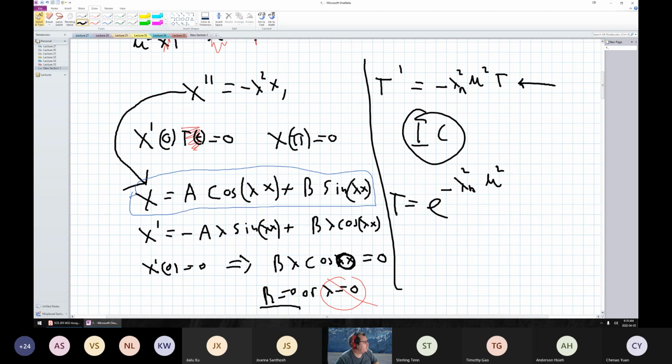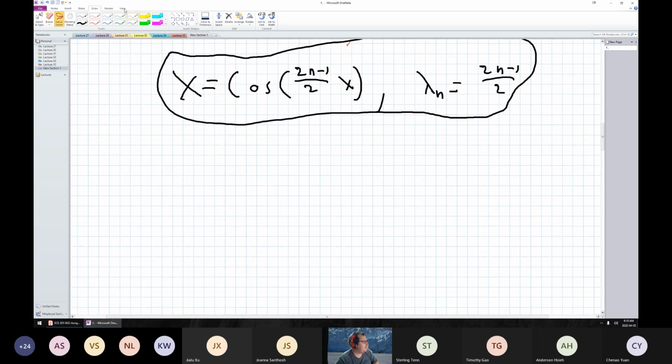Okay, so now if I take u here and copy it, I have my x solutions and my t solutions. So I can build up this mu sub n. Formally, you don't have to build up the mu sub n, but you can. So I can call the nth one some arbitrary coefficient, cosine of (2n minus 1) over 2 x, times my exponential term.